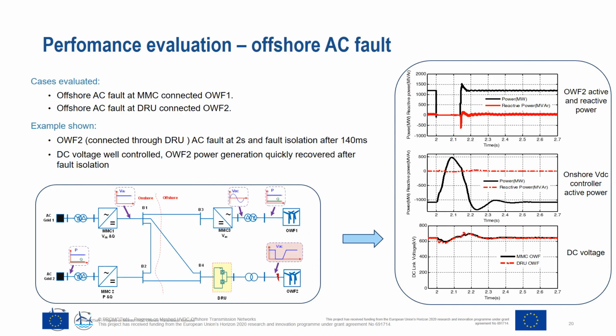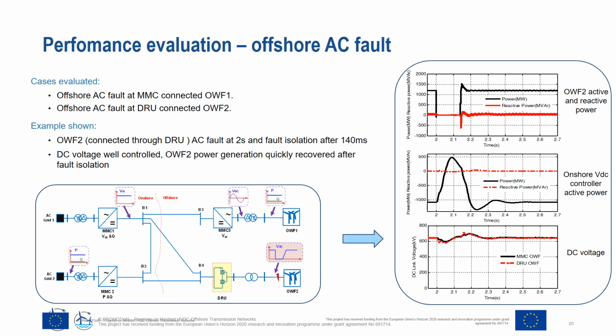In this case, offshore AC faults are studied. So faults on offshore wind farm 1 as well as offshore wind farm 2 networks are applied. For the example shown here, when there's a fault at offshore wind farm 2 connected through the DRU, the power generation is immediately reduced, while the master VDC controller MMC1 regulates its power transmission to maintain the VDC voltage largely constant.